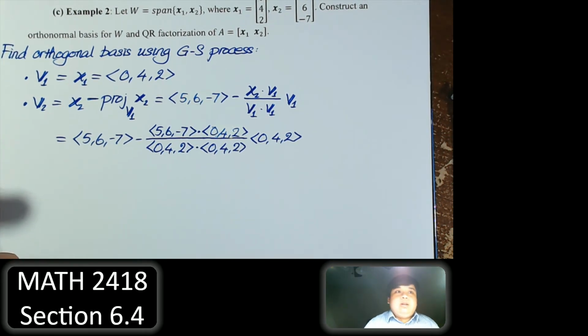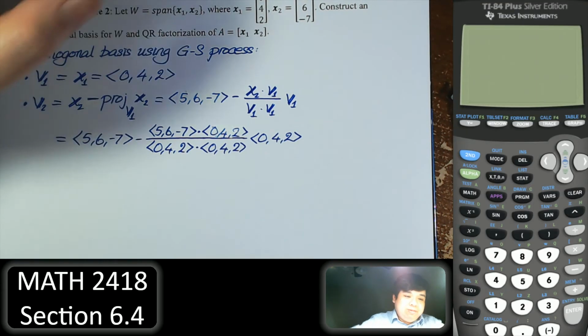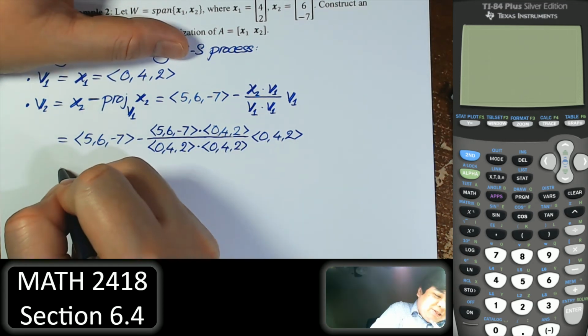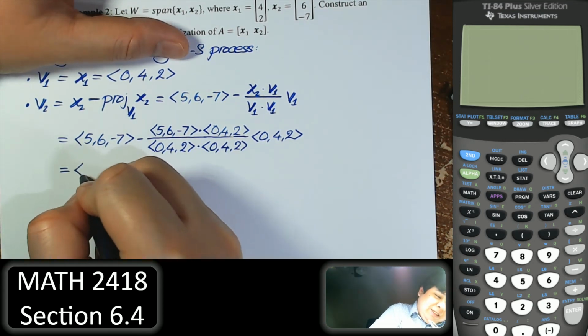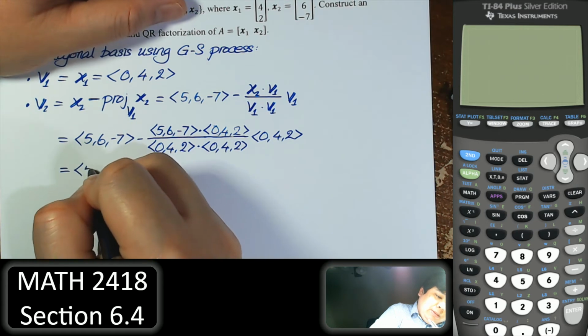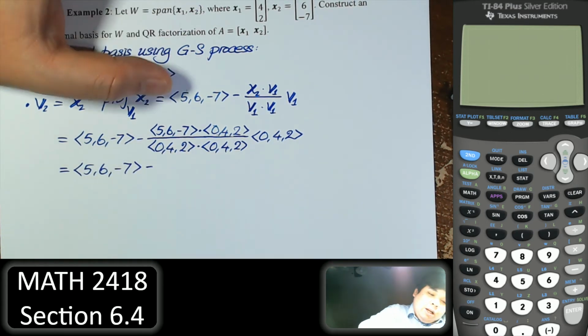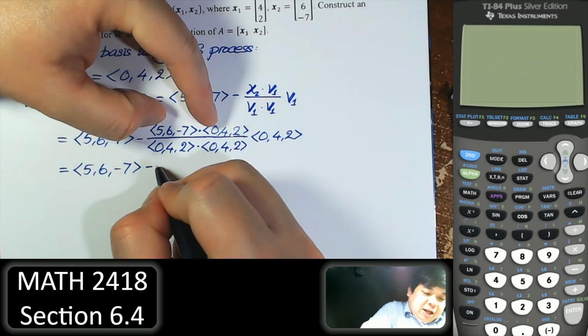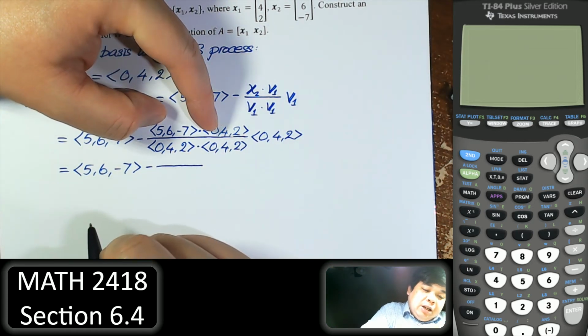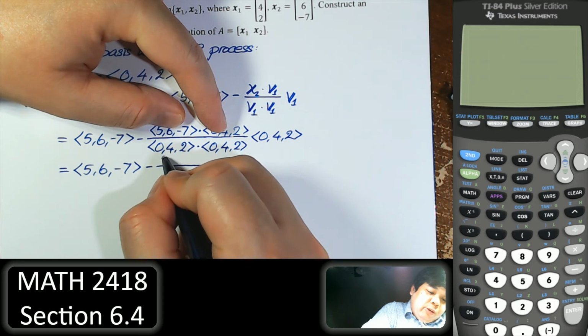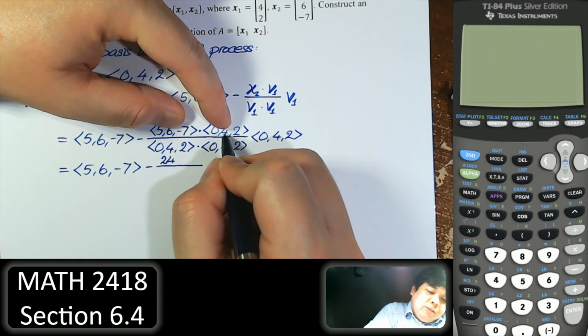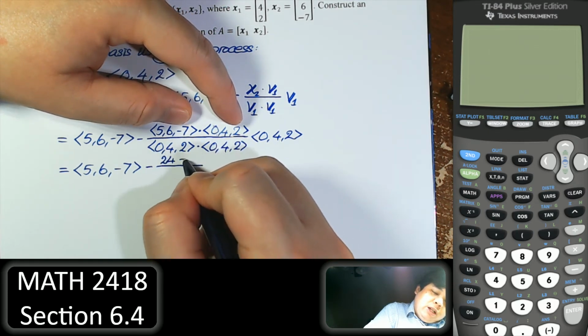Where's the calculator? Right, that will be 0, 24, and minus 14 on top.